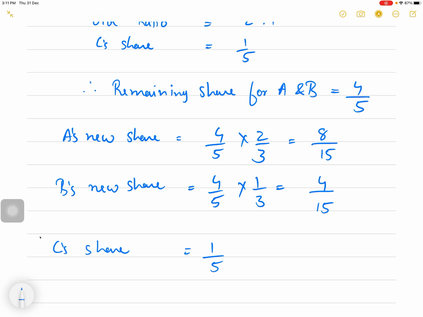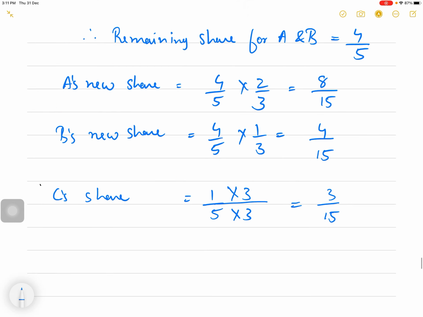But you want to make the denominator 15, right? So to make the denominator 15, you have to multiply and divide by 3. So now it is 3/15.